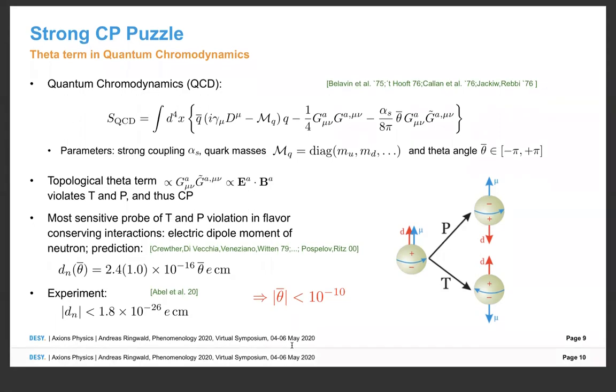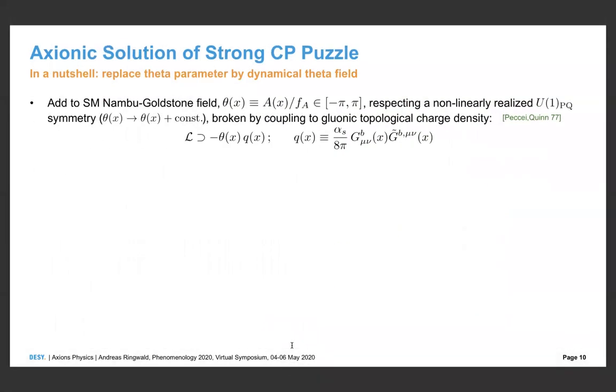Now, shortly after pointing out that there is this puzzle, that theta bar is so small, Roberto Peccei and Helen Quinn proposed a solution to the strong CP problem, which, in a nutshell, is to replace the theta parameter by a dynamical field, a dynamical theta field. The idea is to add to the standard model a Nambu-Goldstone field.